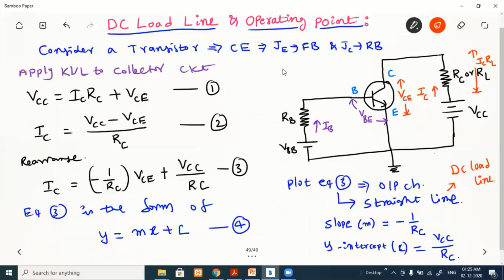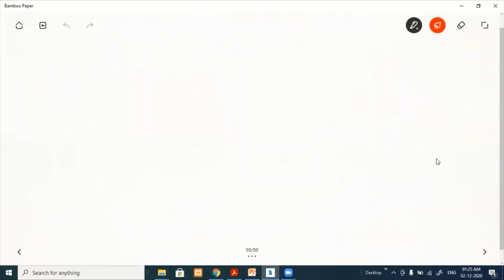So how can we draw this DC load line? On the VCE axis, which is the x-axis, IC equal to 0. Similarly, on the IC axis, VCE equal to 0.